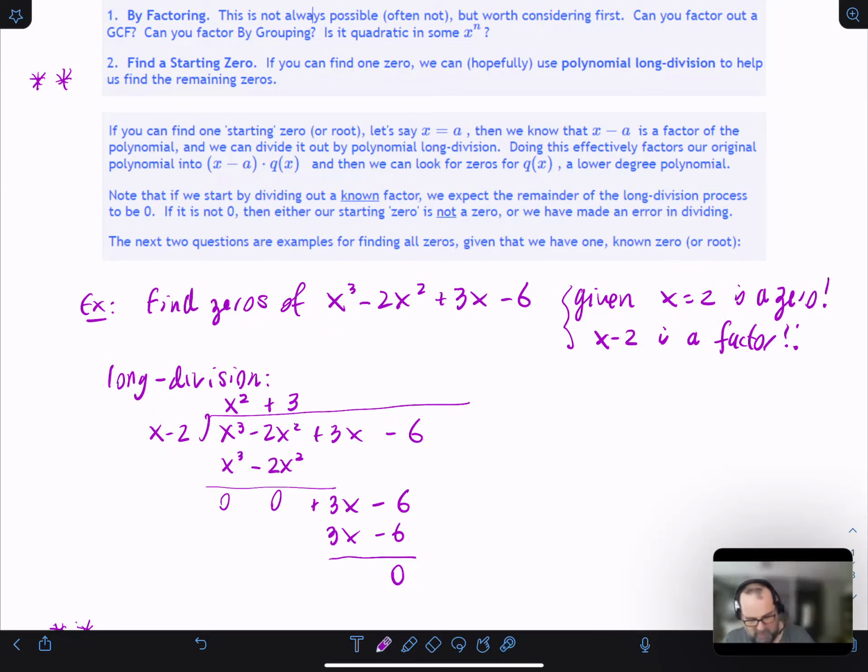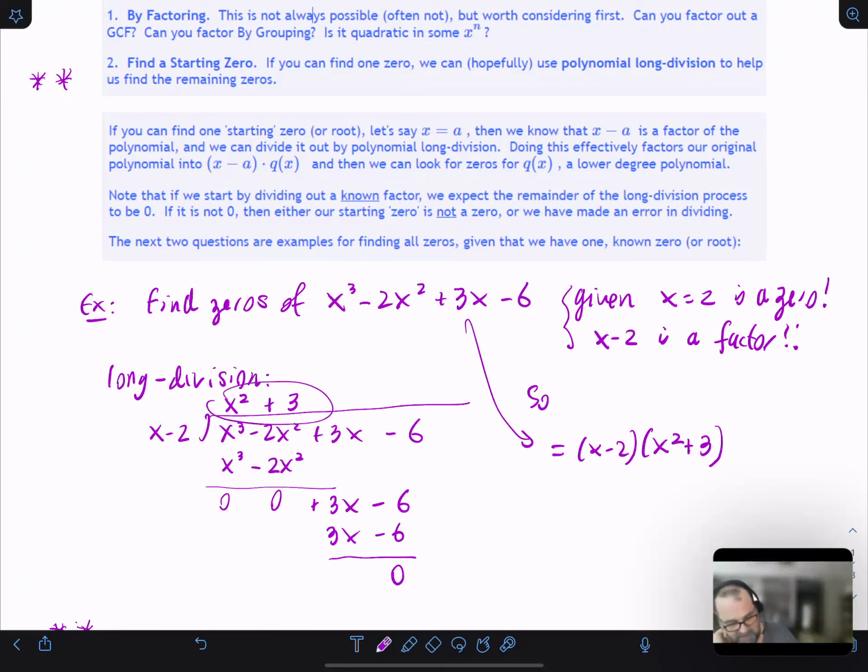And then what we know is the following, that our original polynomial is equal to, we know there's an x minus 2 factor, and now we know that the rest of it is x squared plus 3, excuse me. So this is the answer to our division problem.